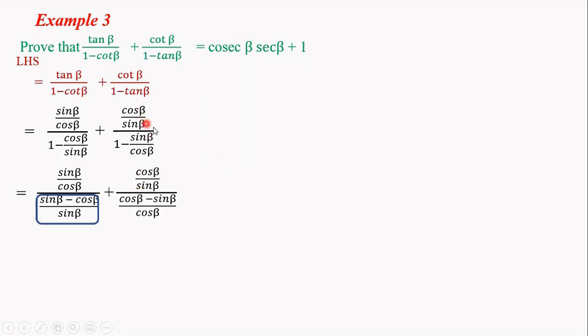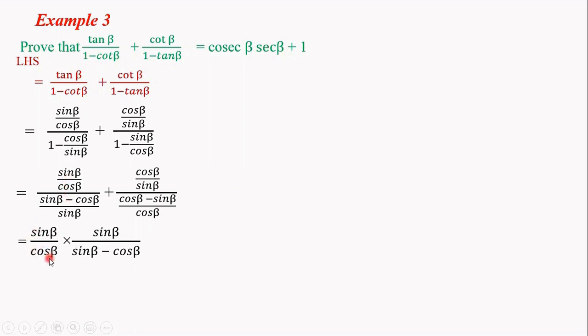That is, the numerator we copy as it is, cos beta by sine beta, and in the denominator, we do LCM. We take LCM, cos beta is the LCM here, and 1 is multiplied with cos beta, and next is minus sine beta. After this, we simplify it.